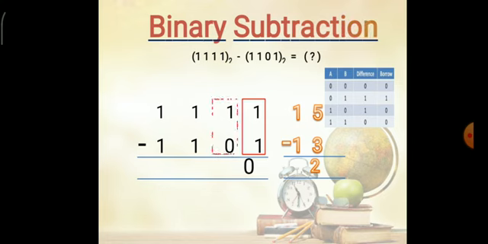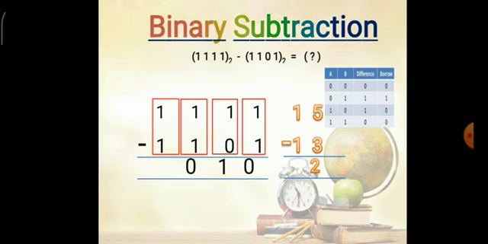Next column. 1 minus 0, according to the rules, the difference is 1. 1 minus 1, according to the rules, is equal to 0. 1 minus 1, again the result is 0. Thus, the subtraction of 1101 from 1111 will be 10.